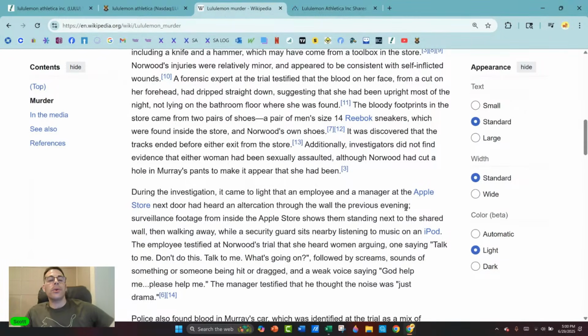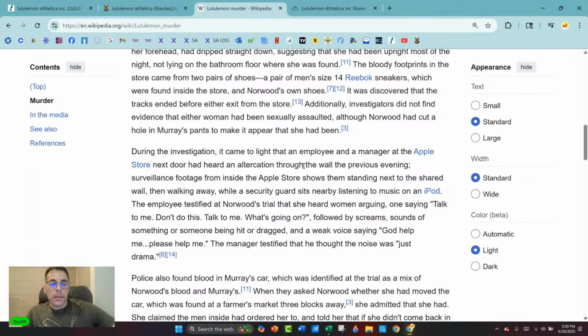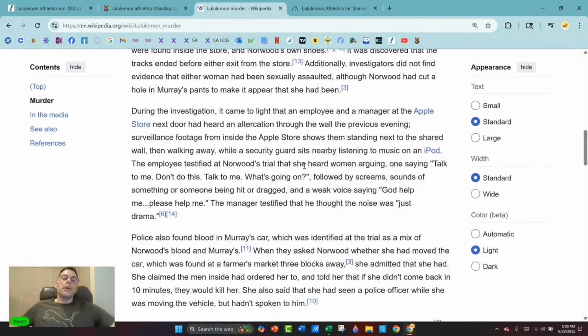It was discovered that the tracks ended before either exit of the store. Additionally, someone at the Apple store next door heard the altercation.